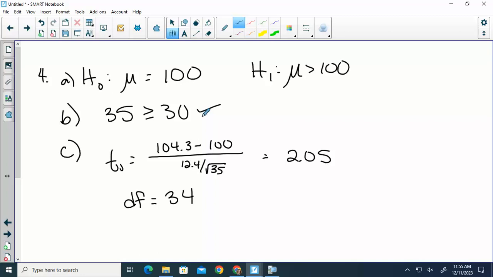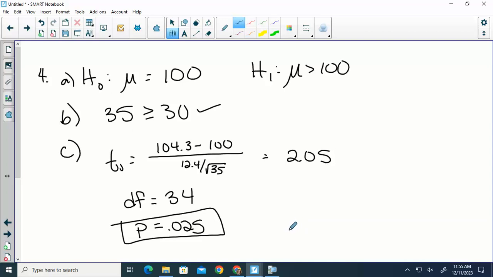So what is the probability of that one? Does everybody know how to read that from your table? Okay. If you do it on the calculator, are you going to get the same probability? No, this table is very limited, which is why we didn't do these by hand very often. So I have my probability. Now we need a conclusion.